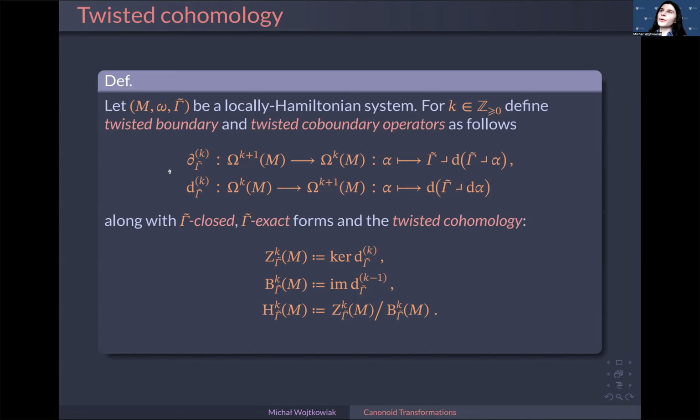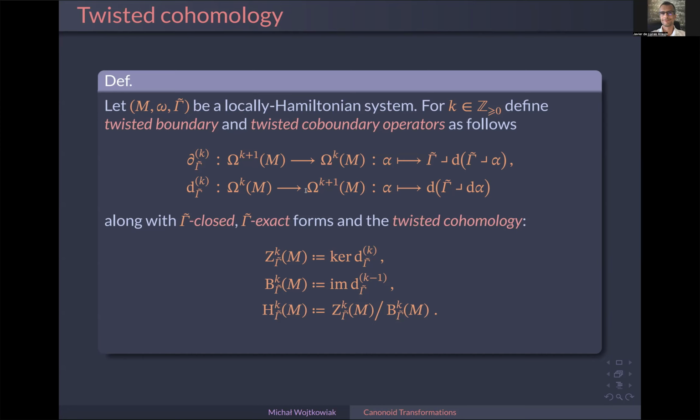The boundary operator decreases the order of a differential form by contracting it twice with the dynamical vector field and taking a differential in between. And analogously, the co-boundary operator increases the order of the differential form by taking the differential twice and contracting it in between of the dynamical vector field.